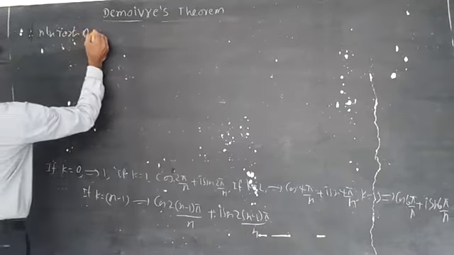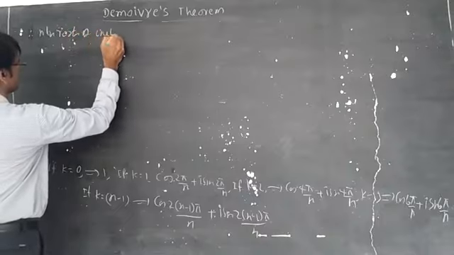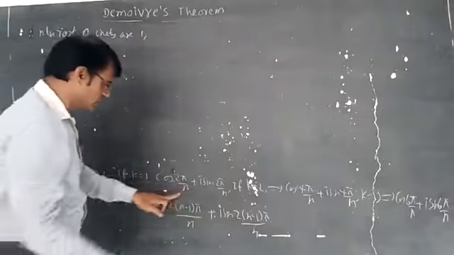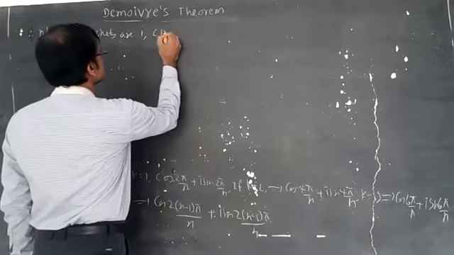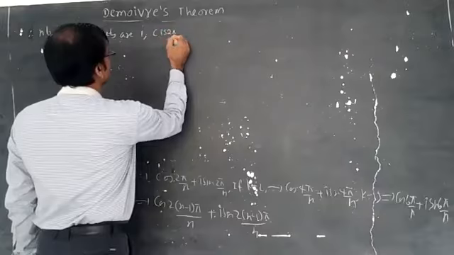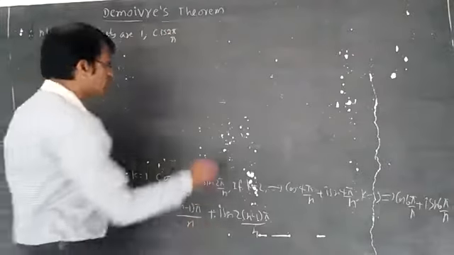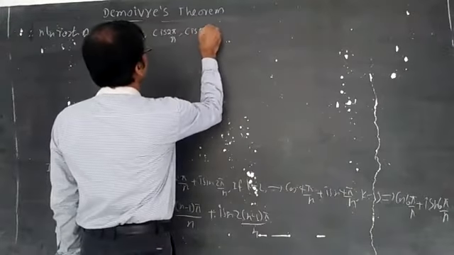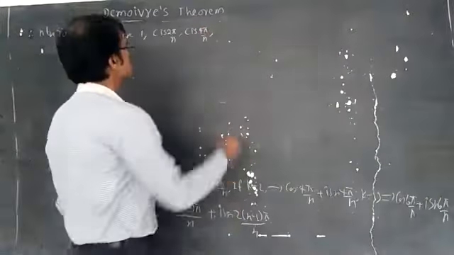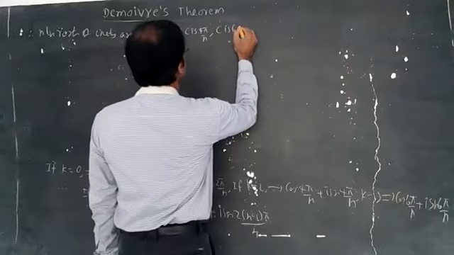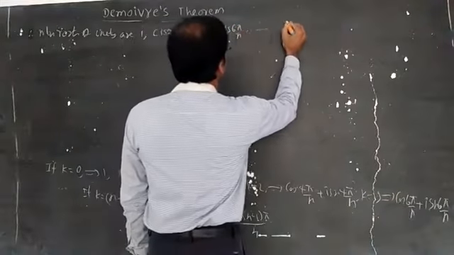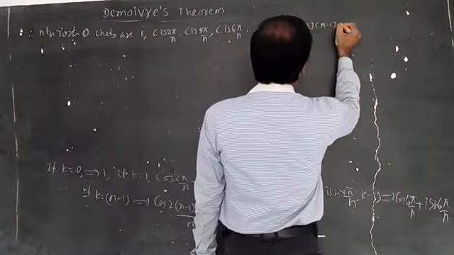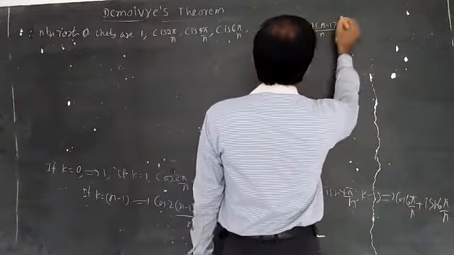How many roots are there? The first one we got is 1, then cis 2 pi by n, cis 4 pi by n, next cis 6 pi by n, and so on, up to cis of 2 into n minus 1 into pi by n.